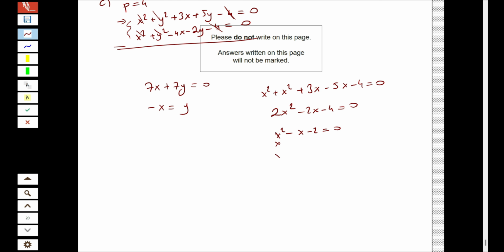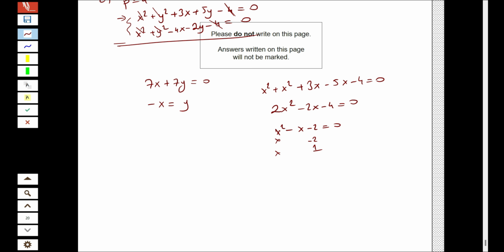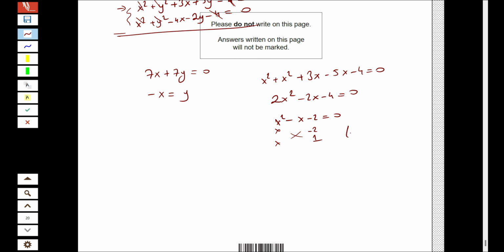I'm going to factorize this: x minus 2 and x plus 1. Just make sure that when you cross multiply and add, you're going to find minus x. So you can write the factors x minus 2 times x plus 1 equals 0, which means x either equals 2 or x equals minus 1.